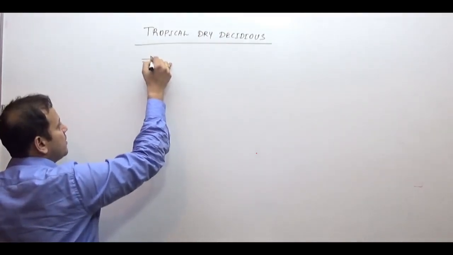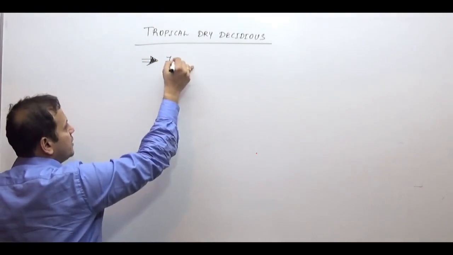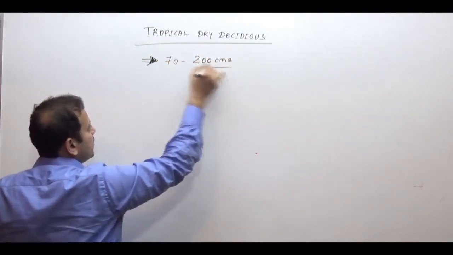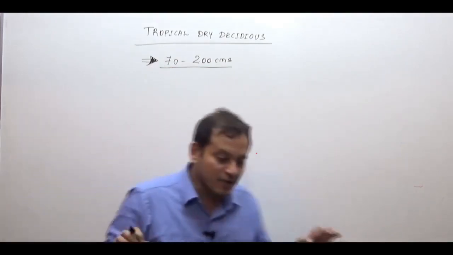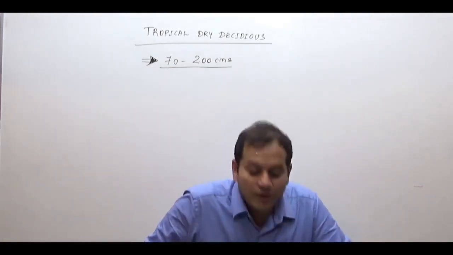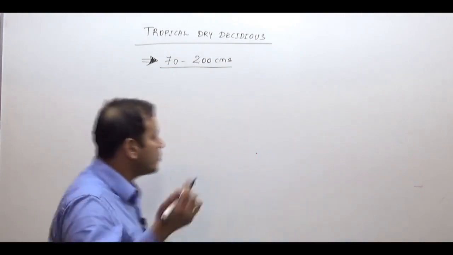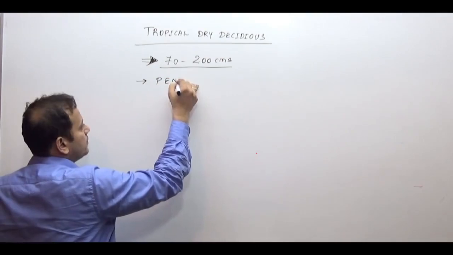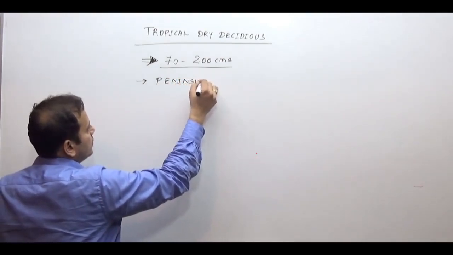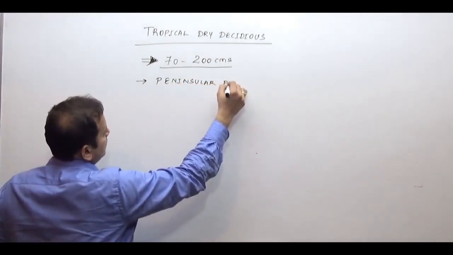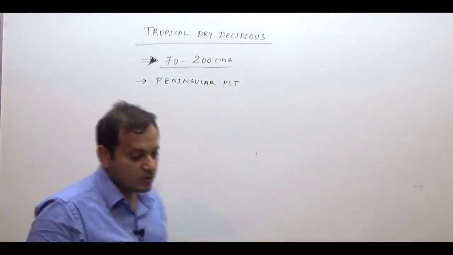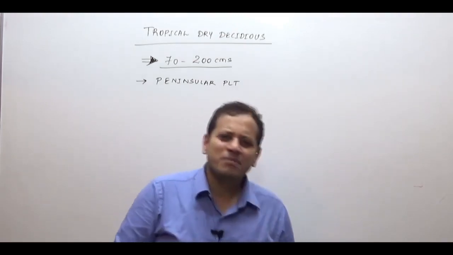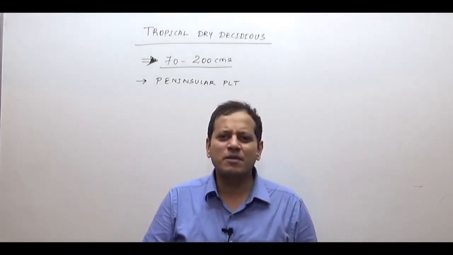The dry deciduous forest covers a very vast area of India, in the regions which receive around 70 to 200 centimeters of average annual rainfall. These forests are found mostly in the peninsular plateau, including the Telangana region, Vidarbha region, Marathwada region, the drier parts of the peninsula.